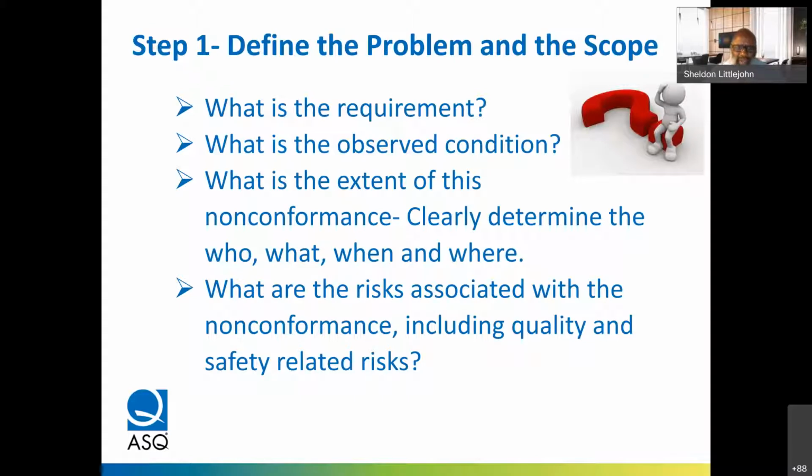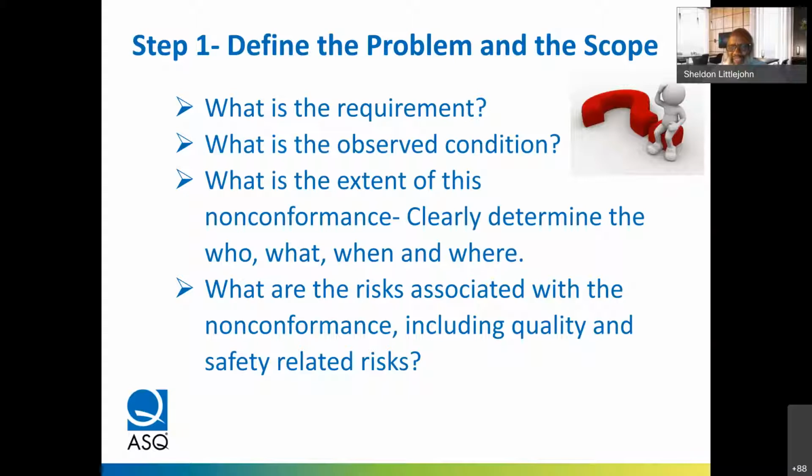We also need to look at, it's important that we view the risks associated with the nonconformance. So here we're looking at the implications of this nonconformance. Who is affected? How will they be affected? What are the risks? Are we looking at safety-related issues, safety to life type issues? Are we looking at product safety issues?